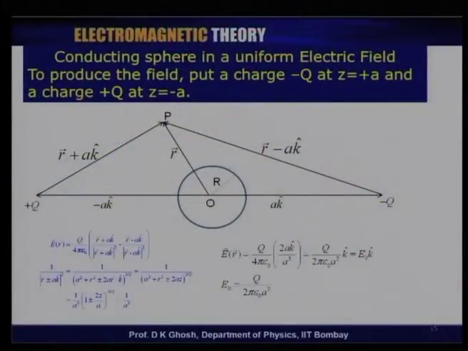Sometime back we had worked out the problem of a conducting sphere in a uniform electric field. This we did by straightforward method, by doing a Legendre polynomial expansion and things like that. It turns out it is a very interesting way in which you can do this by an image charge problem.